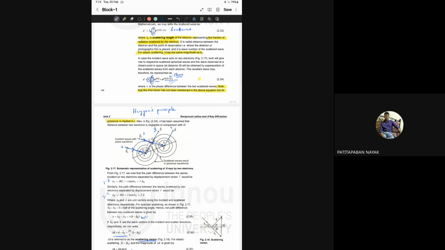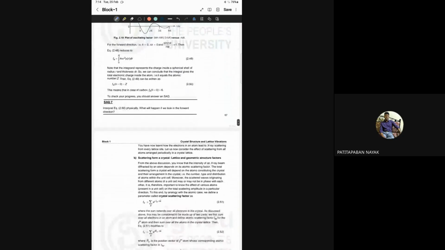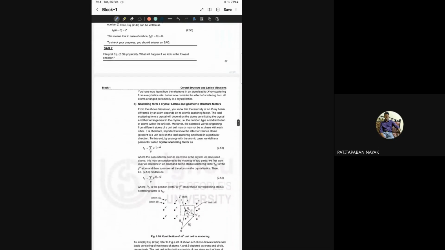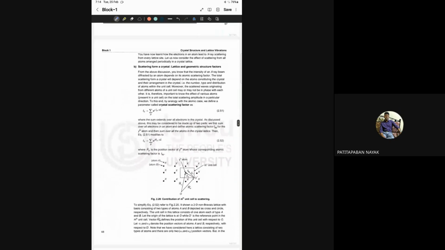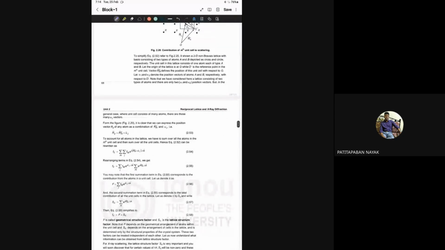If you revise that, then it is very easy to understand this part of X-ray diffraction. Let me come to the book. The book also you can try to understand a little bit. It will help you.